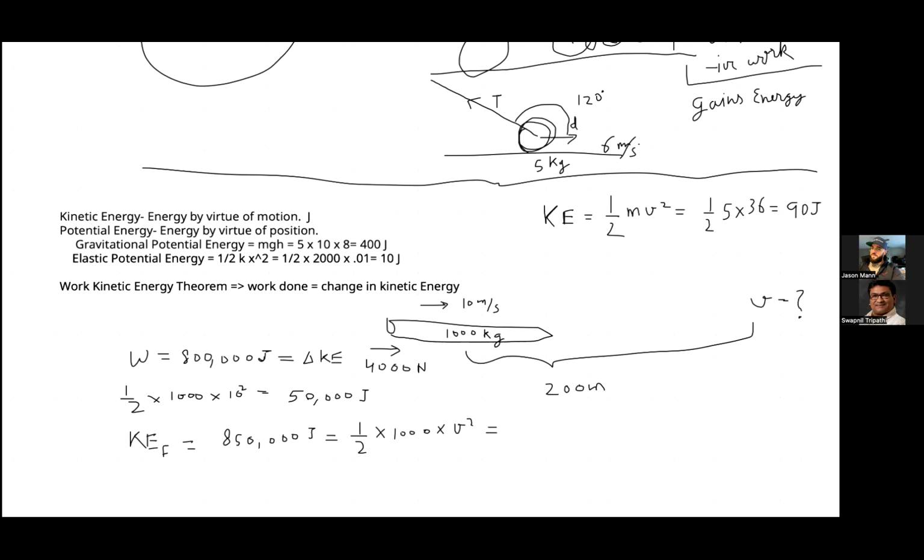So we will divide 850,000 by 500, and that will be equal to v squared. Then we take a square root of that. Comes out to be 41.23.